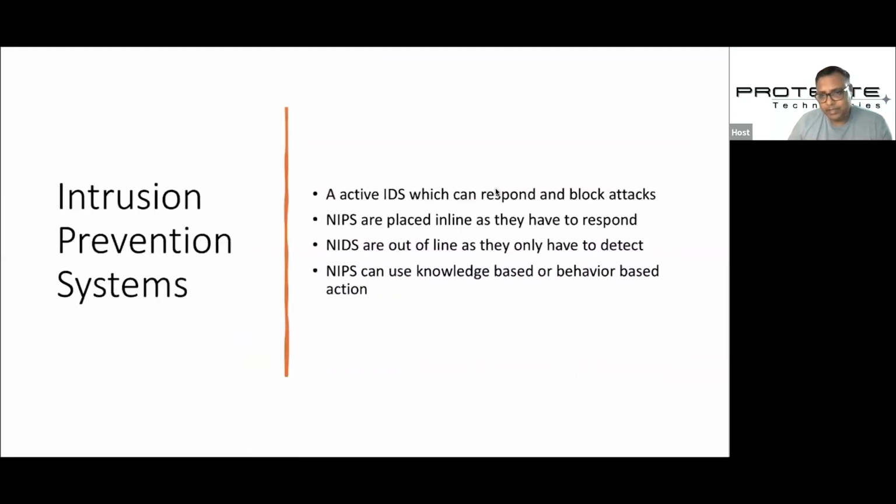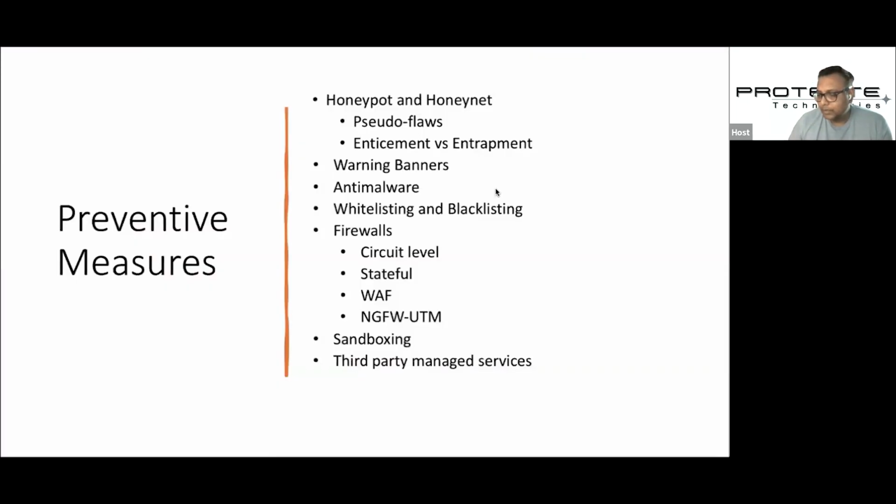Then intrusion prevention systems, I've already told you how they work. They are in line on the network with an IDS system which sends them the command to stop the attack. Okay. Then honeypot and honeynet I have discussed. Okay, enticement, entrapment discussed. You can have warning banners on your websites. Anti-malware solution, whitelisting, blacklisting discussed.